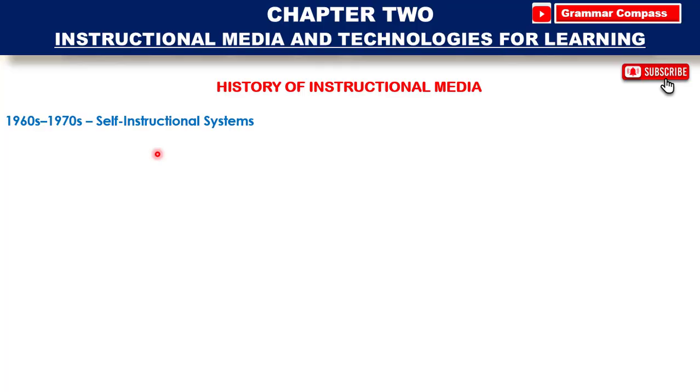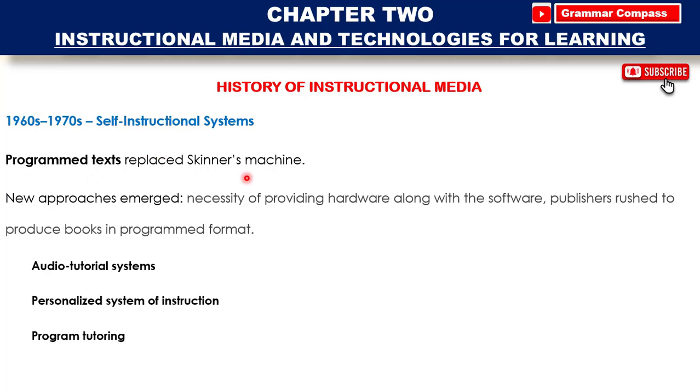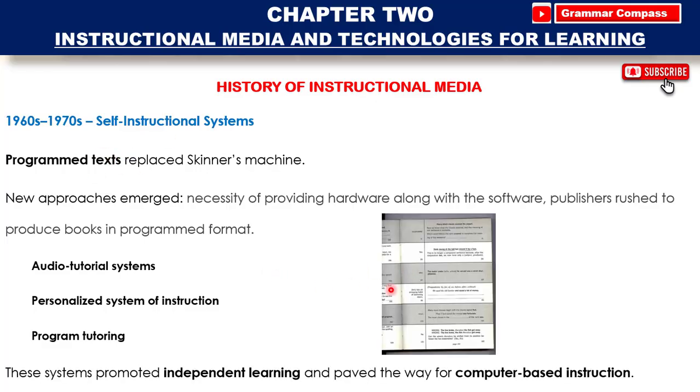Instead of relying on a machine, they started using programmed texts. These programmed texts were special books designed to guide students step by step, just like the machine did. These books became so popular that publishers rushed to release their own versions.